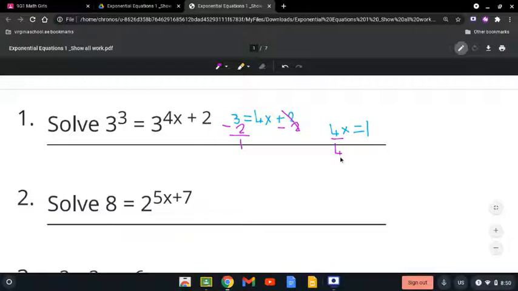So here it's going to be 4 and here is going to be 4. 4 divided by 4, you can cancel that. The answer is just 1 over 4. So now x equals 1 over 4.